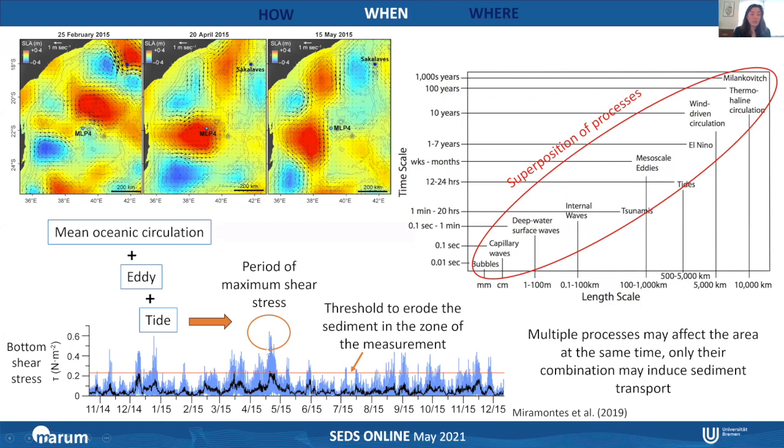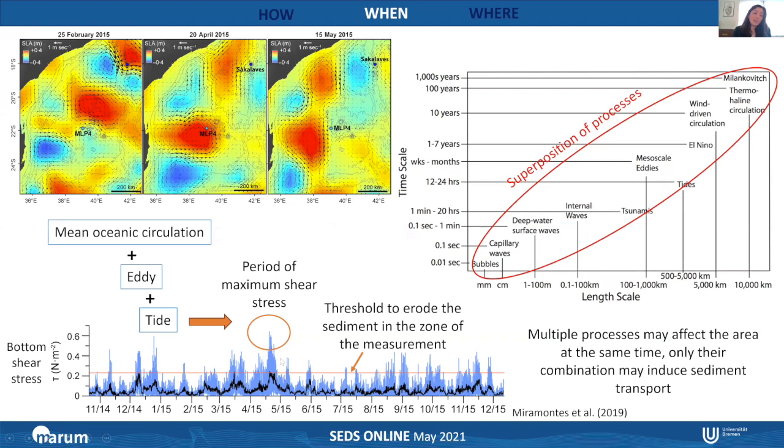And actually, for example, here, at this moment, there was a large anticyclonic eddy passing by, and the side of the eddy was right on top of the site, and that's why the currents were so much stronger. Then the eddy moved farther south, everything was already more calm, and the currents became weaker again.